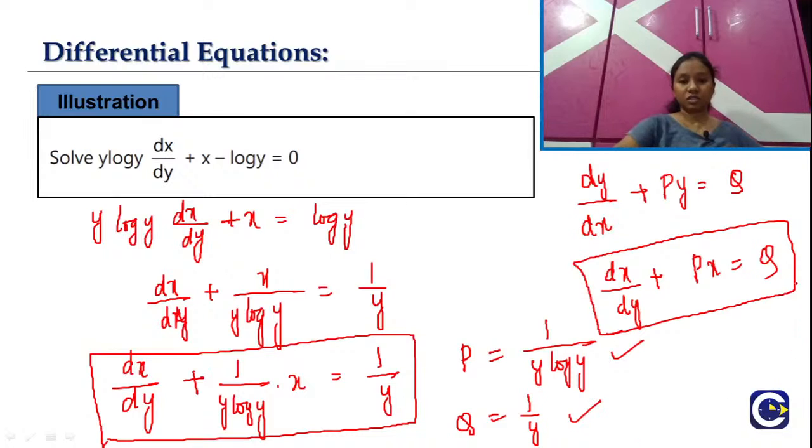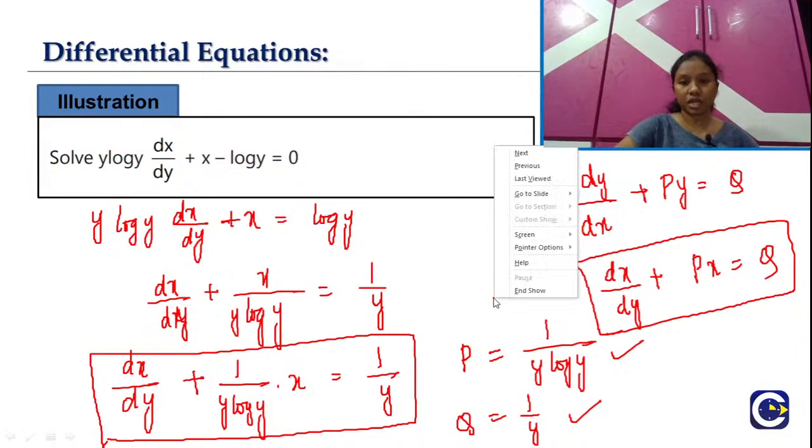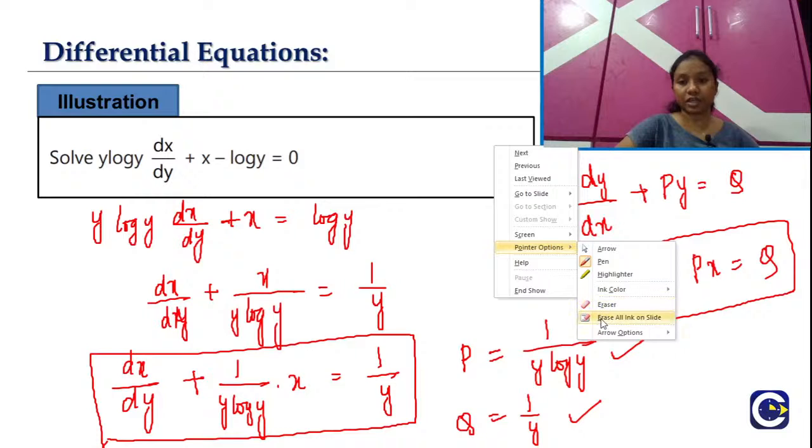I'm just erasing this part, so you guys can find out the integrating factor and let me know.